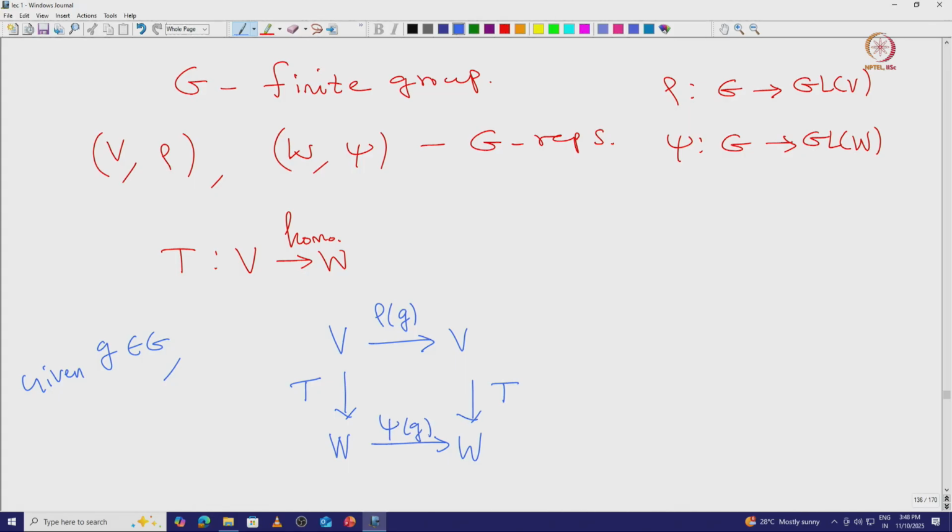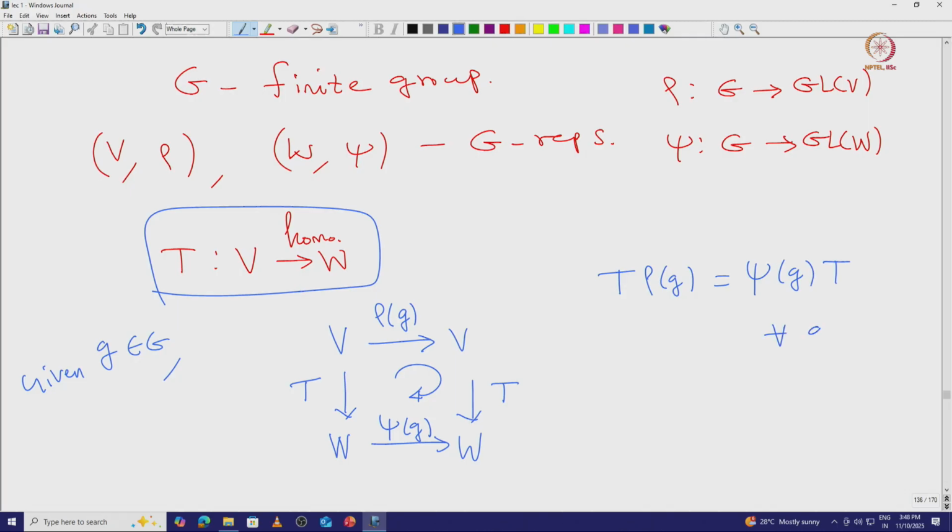And so, T being a homomorphism is equivalent to saying that this diagram actually commutes. That means you first apply rho(g) and then T, and that is the same as applying T and then xi(g), and this is true for all g in G. So, this is what we expect, and one can easily check.